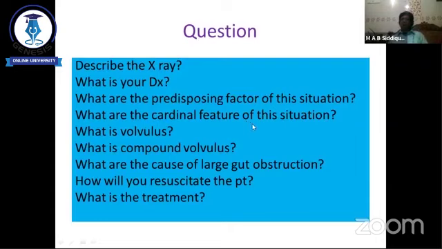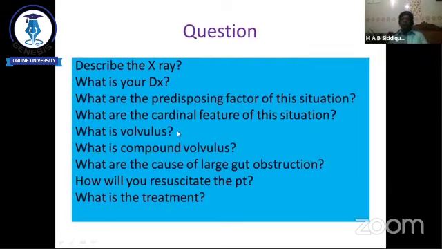So in case of large intestinal obstruction, the cardinal features are distension, absolute constipation, pain, and vomiting. But in case of small intestine, it is vomiting, pain, abdominal distension, and absolute constipation. So you must remember these things, whether the obstruction is in the small intestine or in the large intestine.